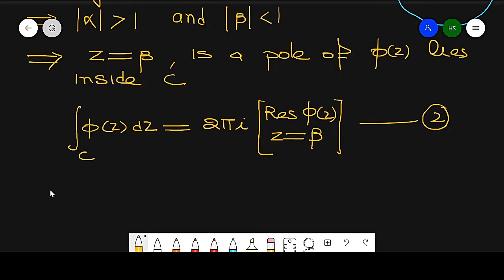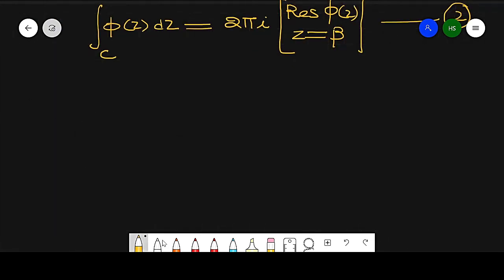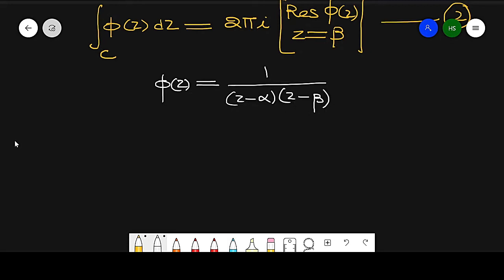Now what is phi z? Phi z is equal to 1 over (z minus alpha) into (z minus beta). So what is the residue of function phi z at the point z equal to beta?